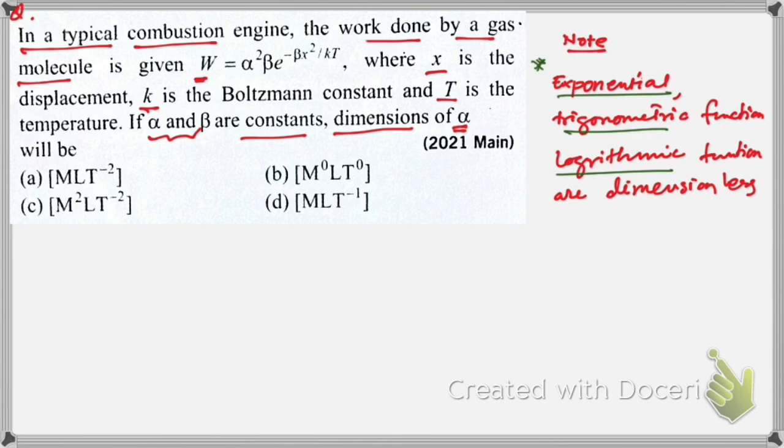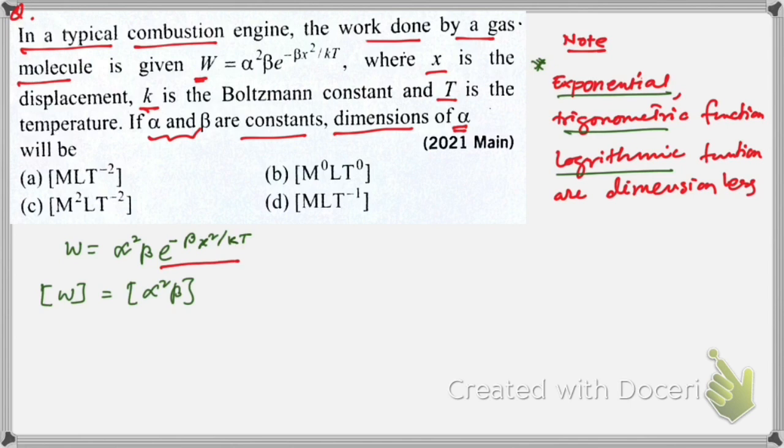So here you can see the work done W, the relation given is W is equal to alpha square beta e to the power minus beta x square by kT. So this is the given relation. Here the dimensions of work done must be equal to the dimensions of alpha square into beta, because this part is dimensionless.